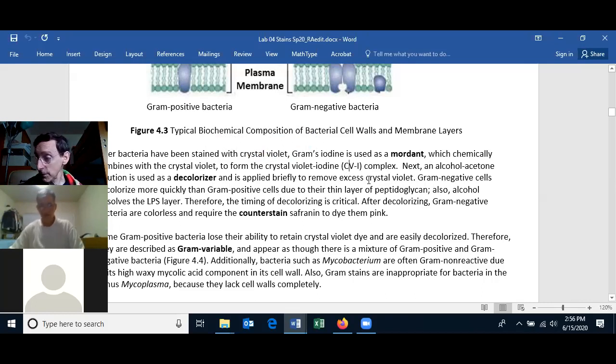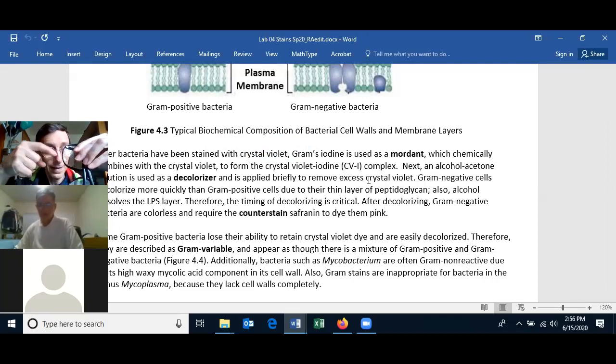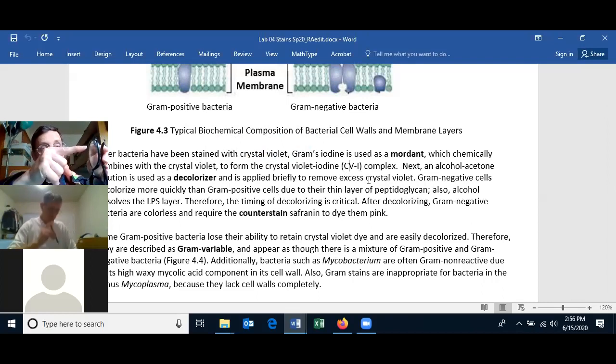And the best way for doing it, if you're looking at your slide, have I mentioned this? I don't remember, is you add the decolorizing agent, and when the slide stops running with the blue color, you stop adding the decolorizing agent, and it's about 5 seconds.